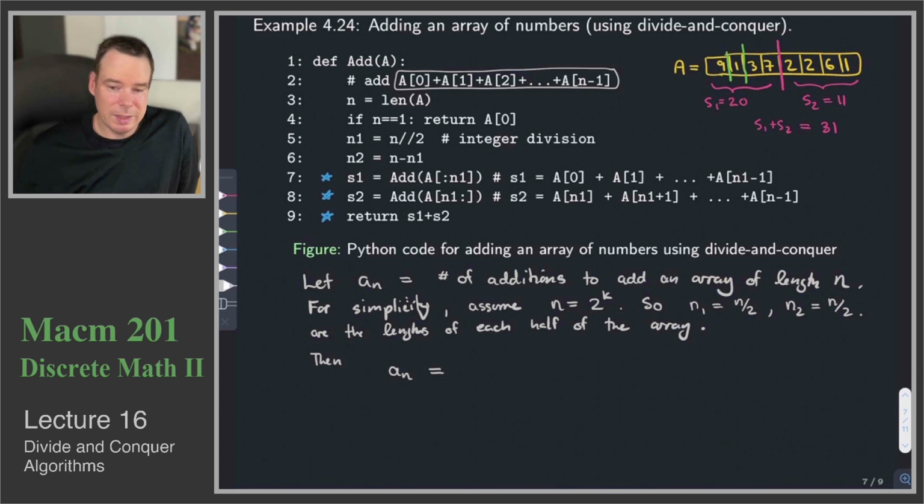So how many additions get done in line 7? There we do a recursive call to the add function on an array of length n1. But n1 is n over 2, so this requires a sub n over 2 additions. That's our line 7.